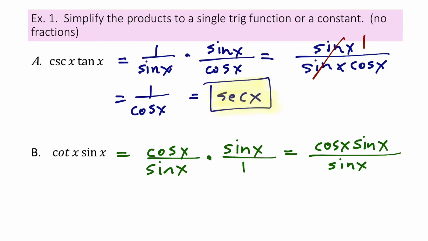So we can cancel the sine of x, and we're left with just the cosine of x. So this simplifies to the cosine of x over 1, which is just the cosine of x. So basically, we're just performing some substitutions and then canceling what we can.